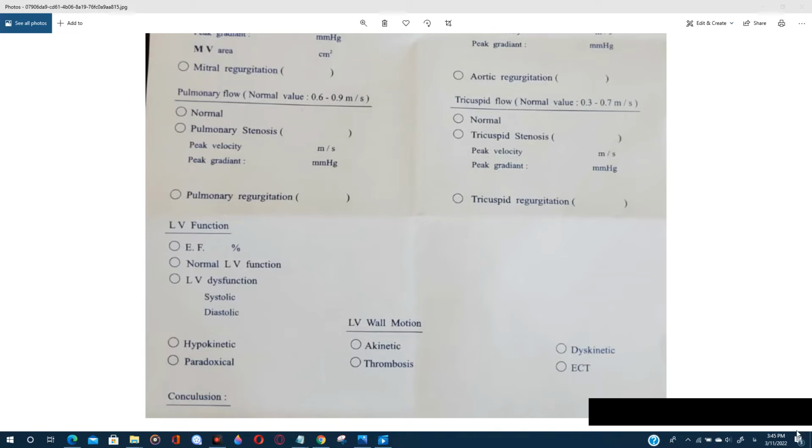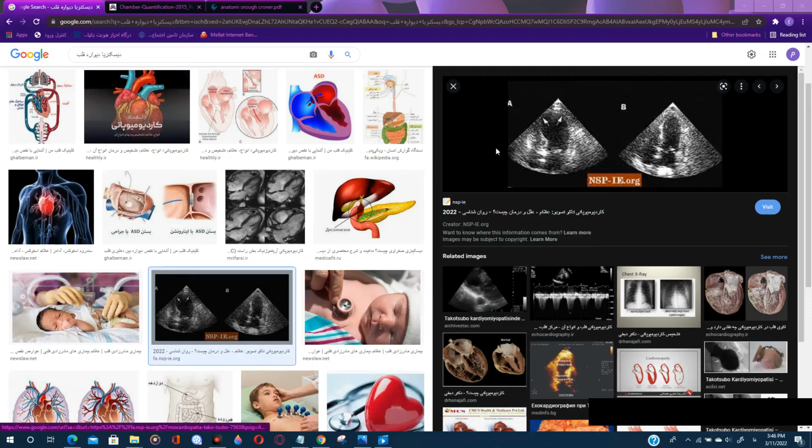Another term is dyskinesia. Dyskinesia is reverse motion of the wall. In this image we see dyskinesia or aneurysm of the apex. When the base of the heart contracts, this part has reverse motion, and it is very bad for the heart and reduces the EF.